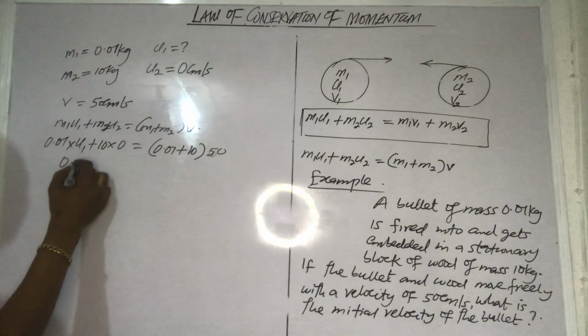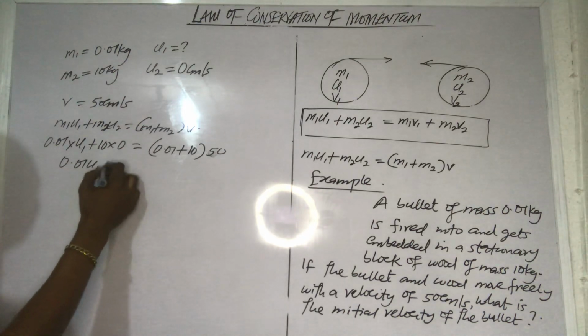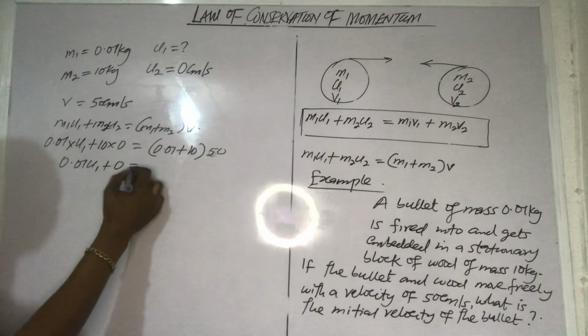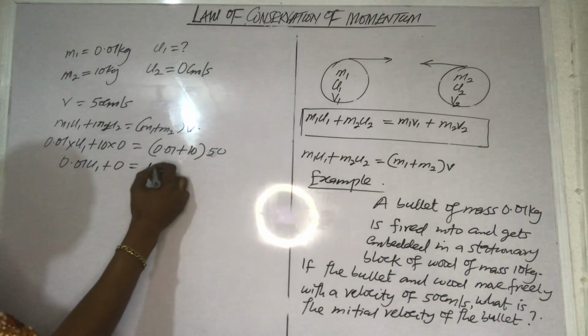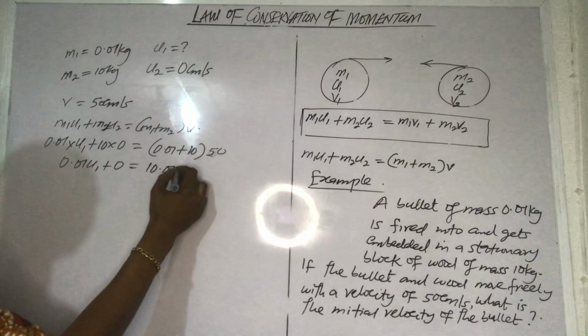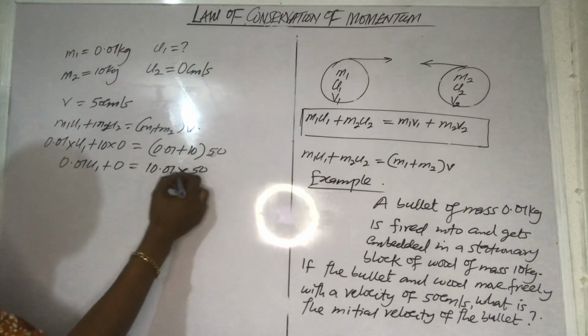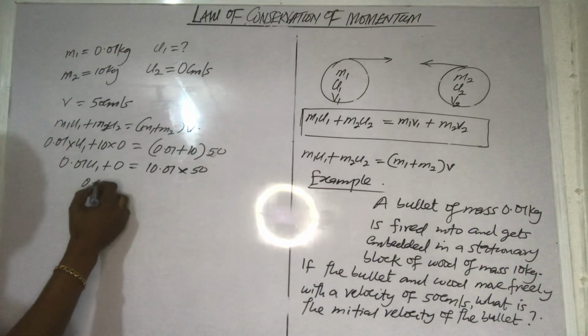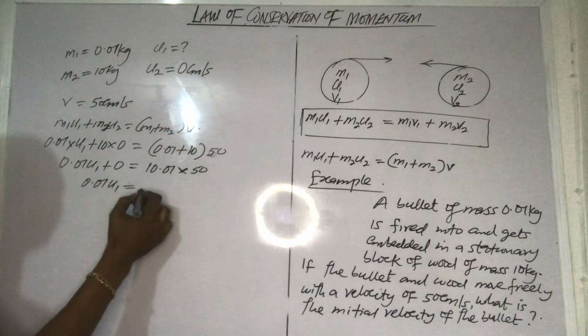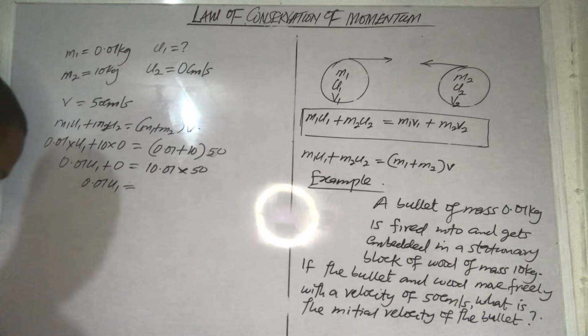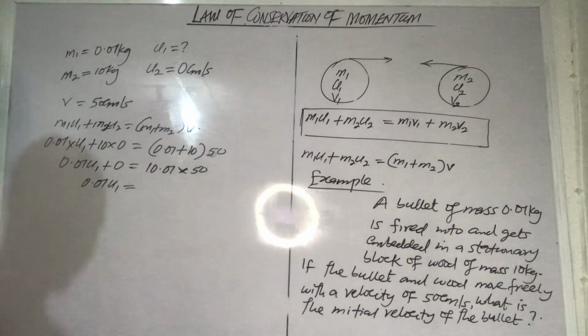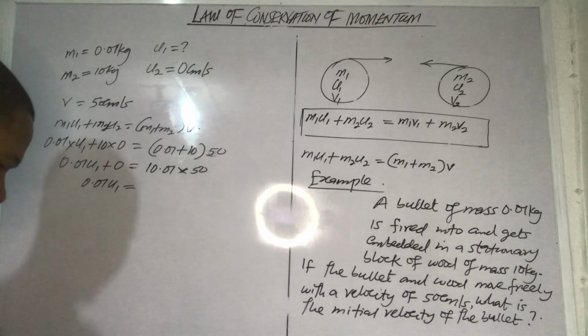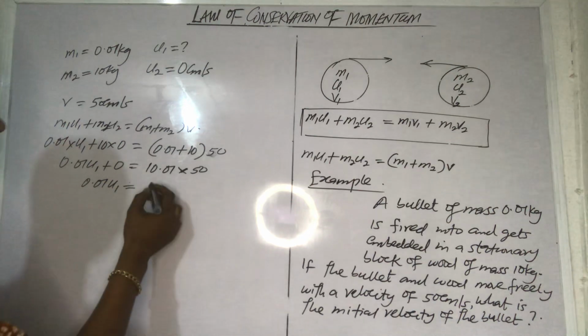This will give me 0.01 U1 plus 0 is equal to 10.01 times 50. So 0.01 U1 is equal to 10.01 times 50.